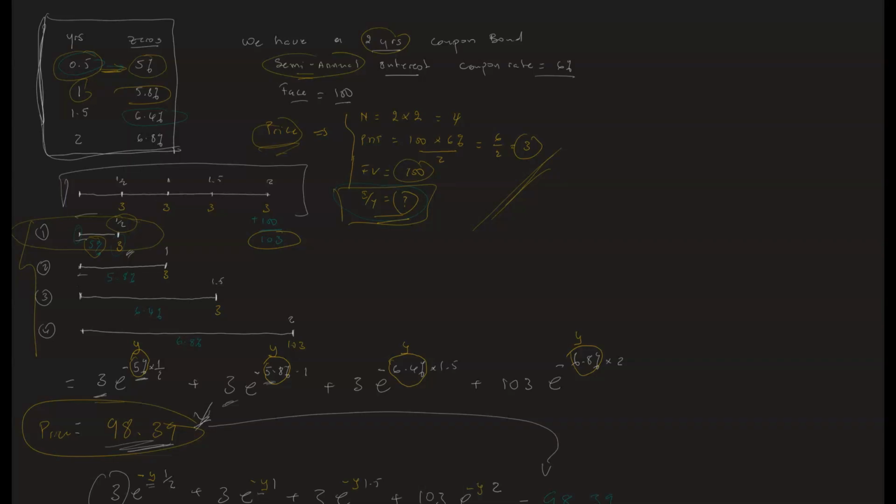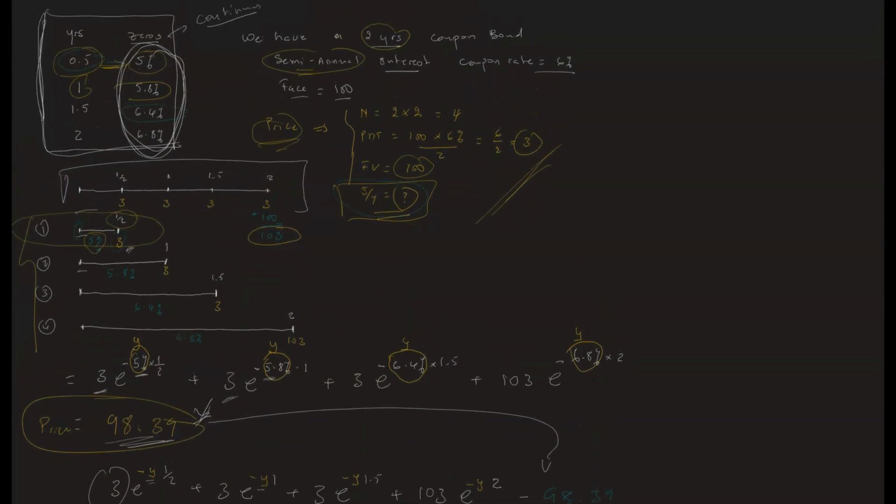Now, we want to remember that the zero table that we have here is made of continuously compounded rates, right? So all of these are continuously compounded rates, and that's the key here. That's what we want to remember. So the way we're going to go about creating or estimating this zero curve is by looking at the current market value of some of the zero coupon bonds that are trading out there.